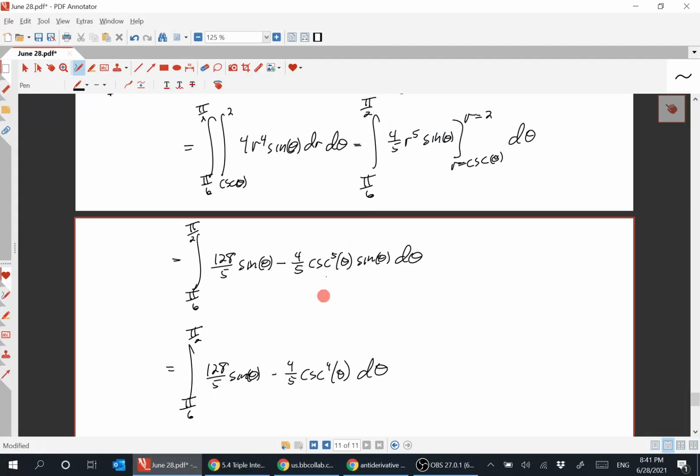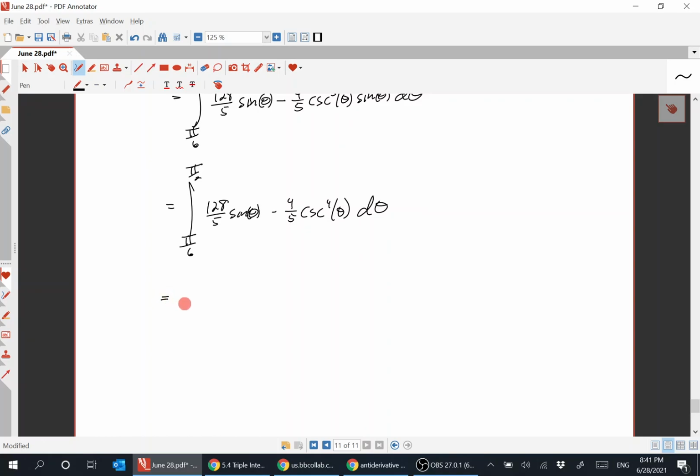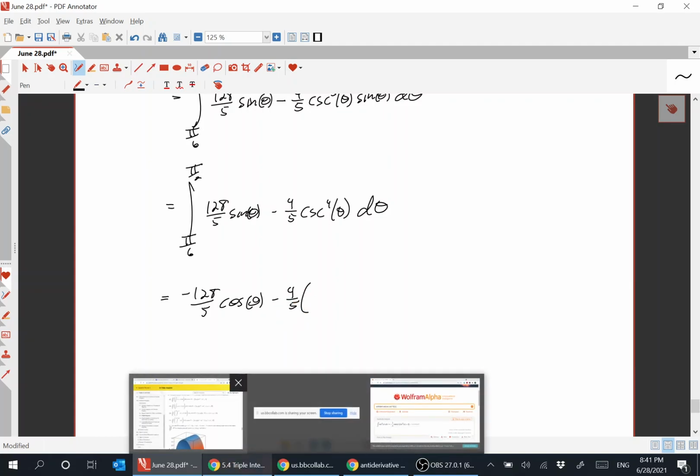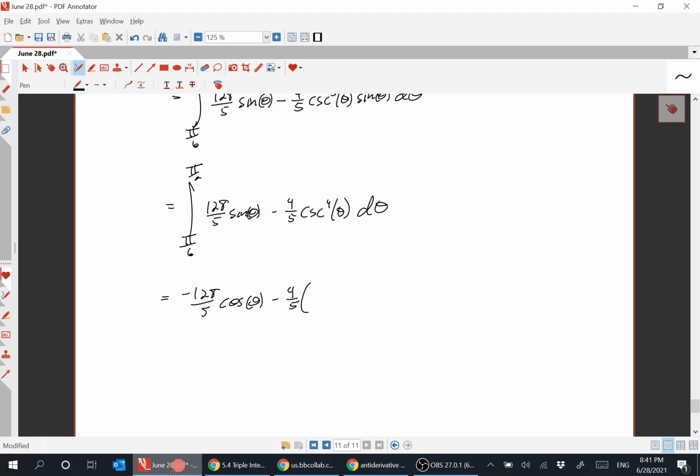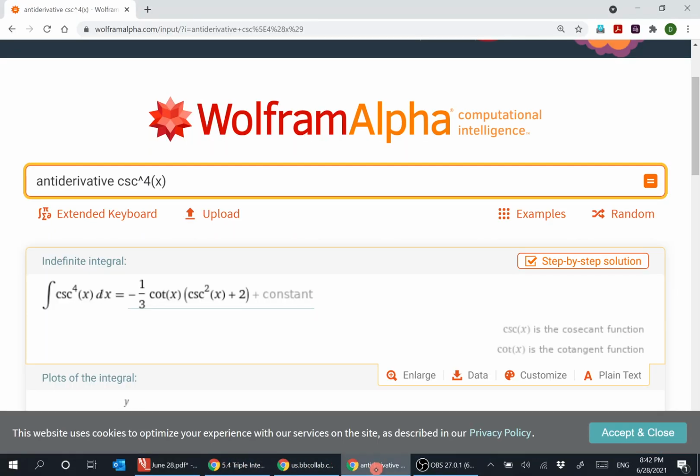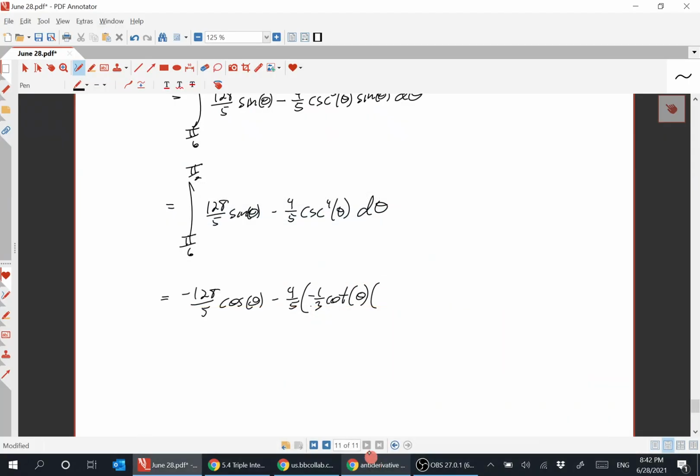Well, anyway, this one is minus 128 over 5 cosine theta minus 4 over 15 cotangent theta times cosecant squared theta plus 2.